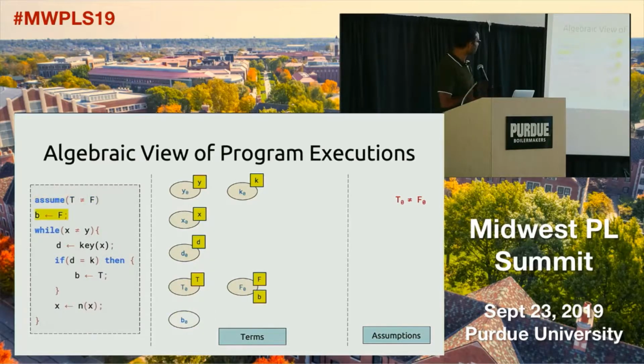As you proceed, you get b is assigned f. That means the term associated with b is now f0. Now you enter the loop, and once you do that, you accumulate the constraint x0 not equal to y0. The next statement is the computation of a term. You compute the term key of x0, because the term stored at x at this point is x0. So you get a new term, key of x0, and the variable d points to this term.